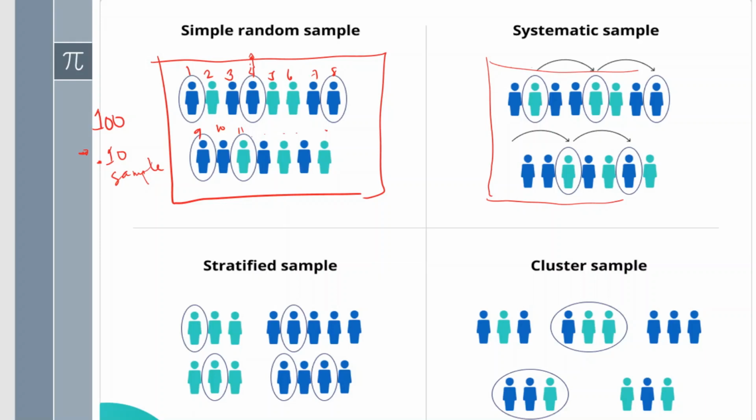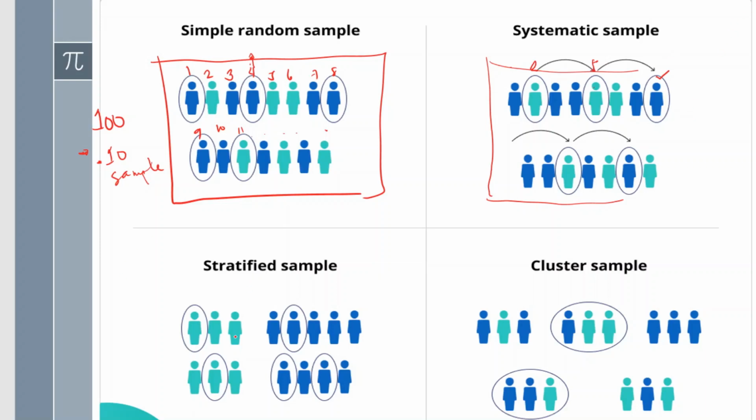So you start by picking one individual, then skip 2 persons and pick number 5, then skip again 2 persons and pick the next person, until you satisfy your sample size. So that is systematic sampling.